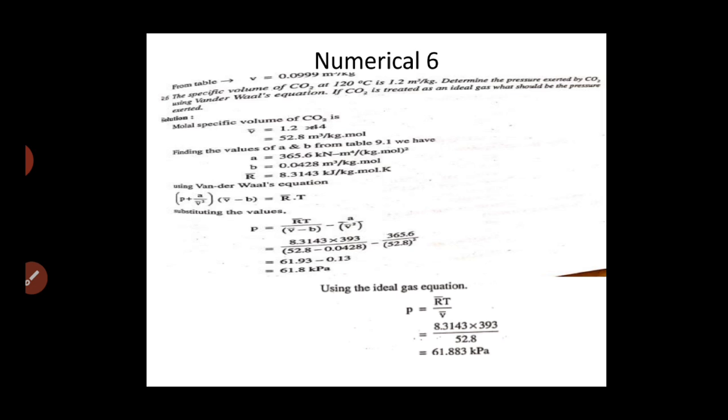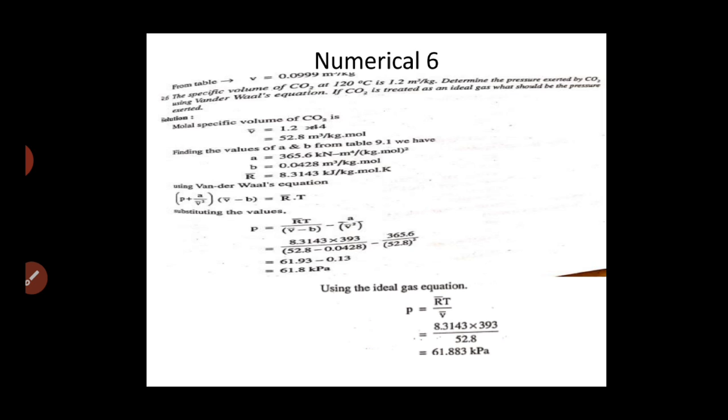Solving this, we get 61.8 kilopascal. So the pressure for CO2 at 120 degrees centigrade, with specific volume 1.2 meter cube per kg, found using the van der Waals equation, is 61.8 kilopascal.